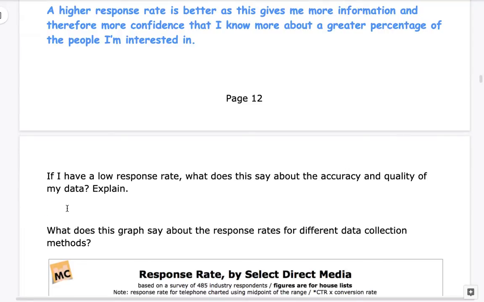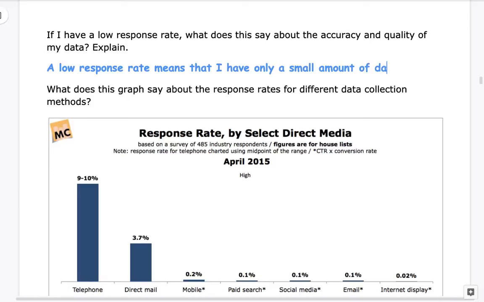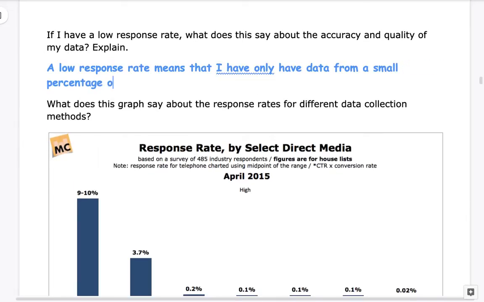So if I have a low response rate, what does this say about the accuracy and quality of my data? So a low response rate means that I only have data from a small percentage of those who I'm interested in.